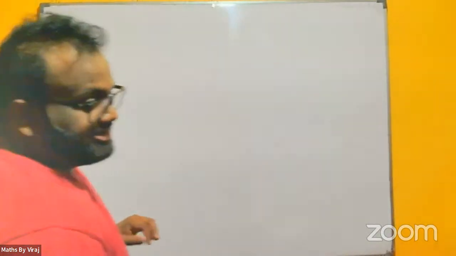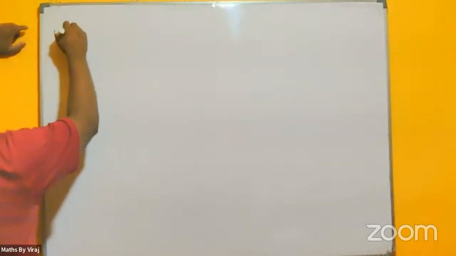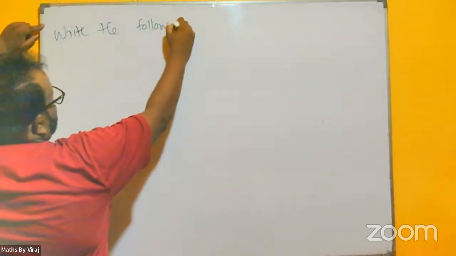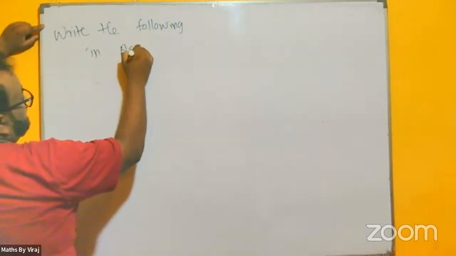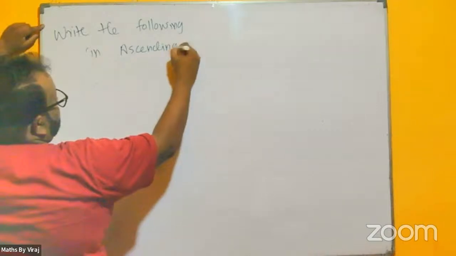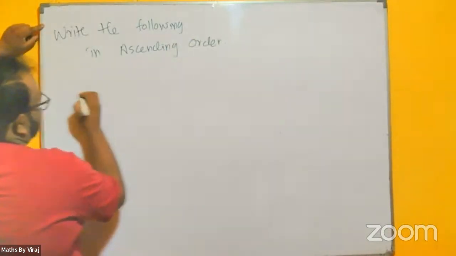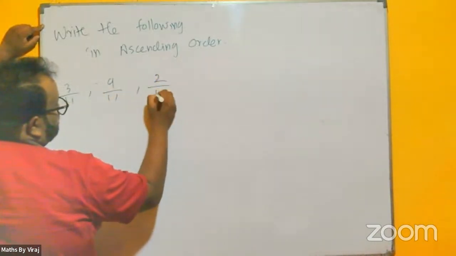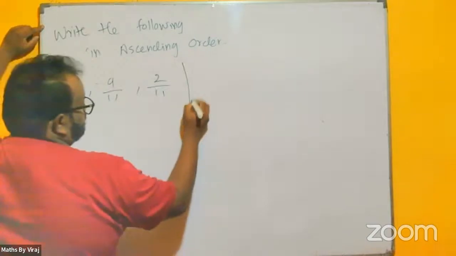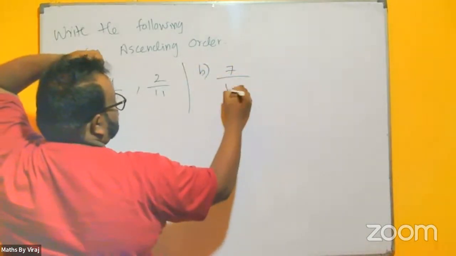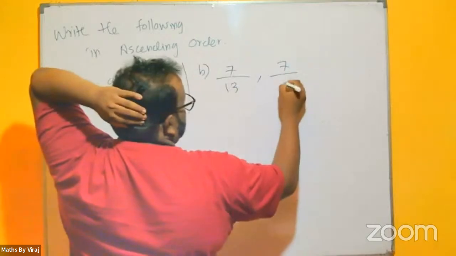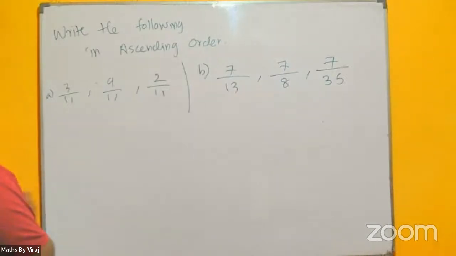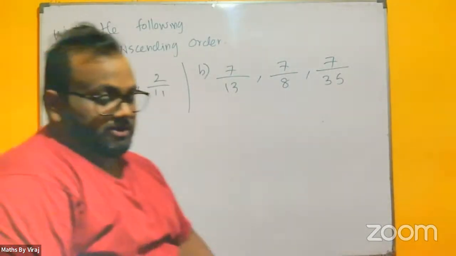Now, let's look at this. Write the following in ascending order. Try to write these in ascending order.